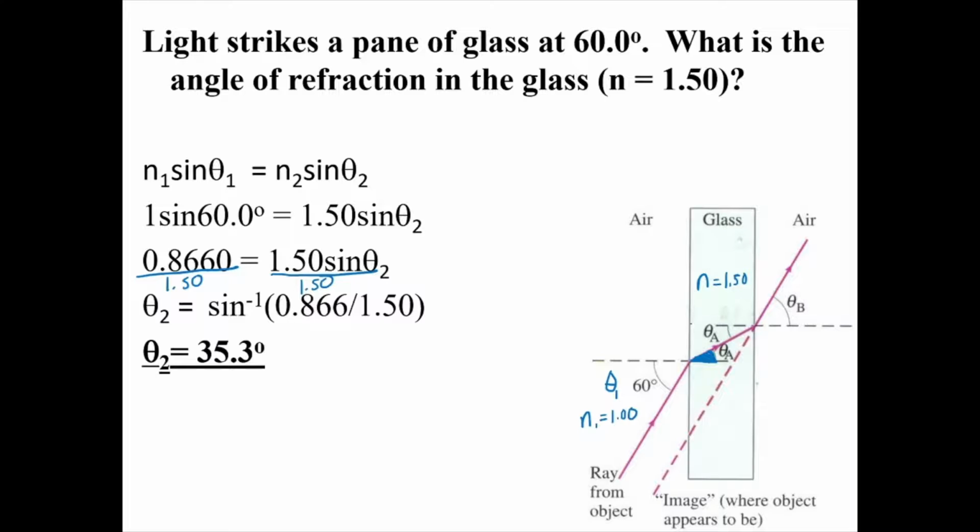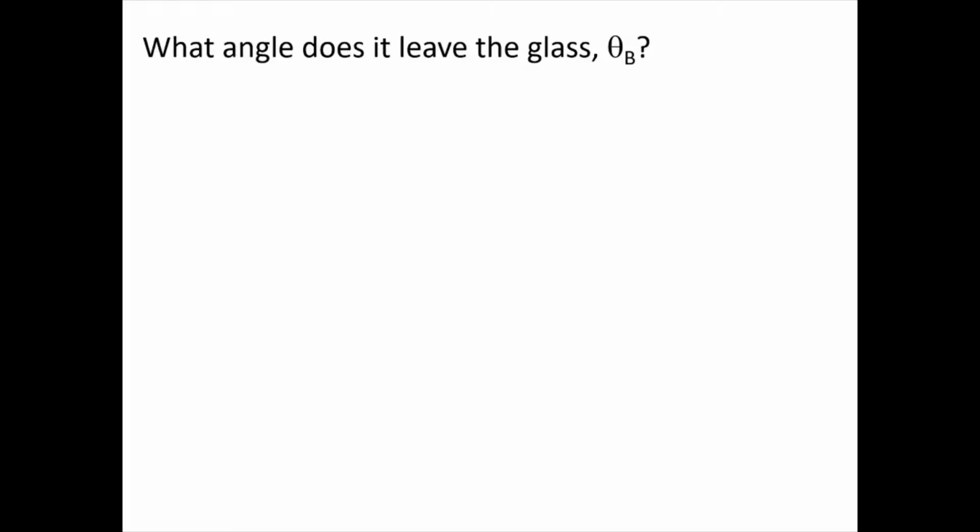Now, if we use parallel angles, if we use these angles here, we would know that this theta is actually equal to this theta when it leaves the glass. I believe those are opposite interior angles in geometry, because those would be parallel lines. So it might be interesting to ask, well, what angle does it leave the glass at?